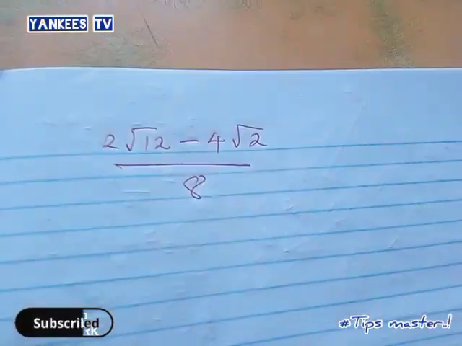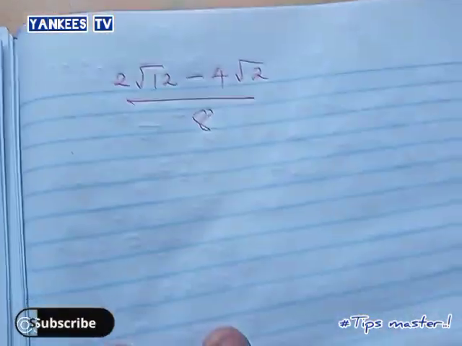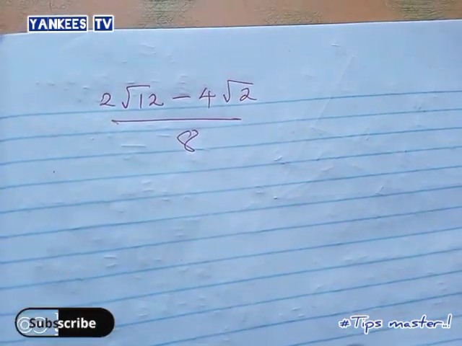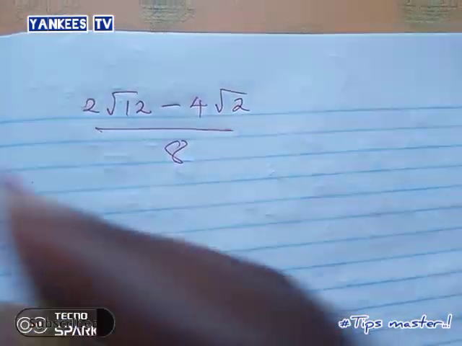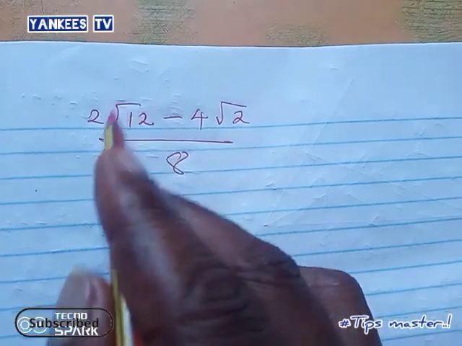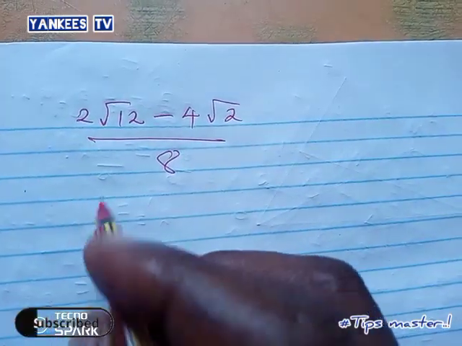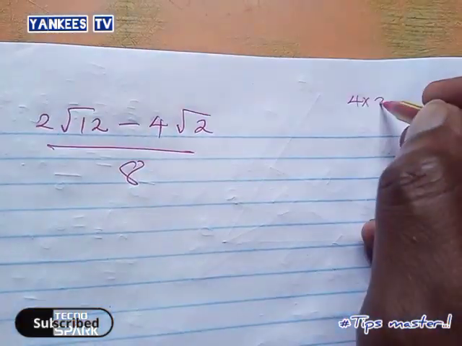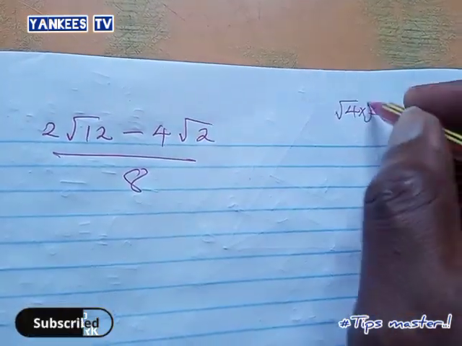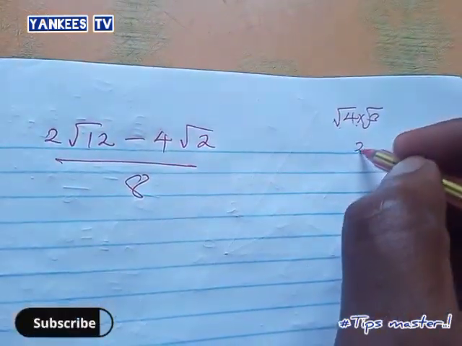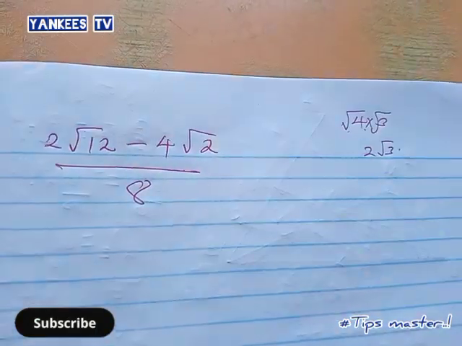Further simplification, guys. This one simply means we can simplify root 12. Remember, 12 is 4 times 3. Root 4 we know is 2, so this is 2 root 3.